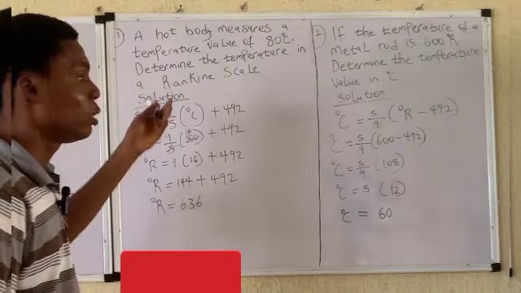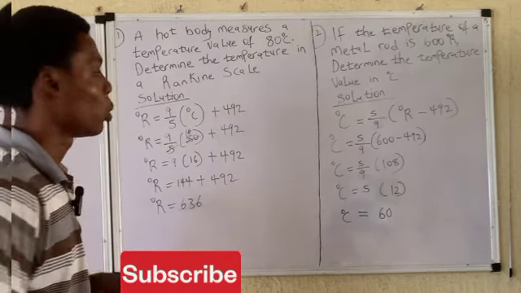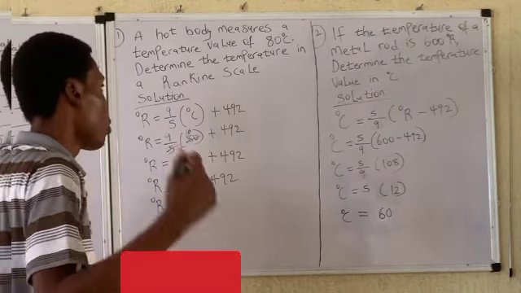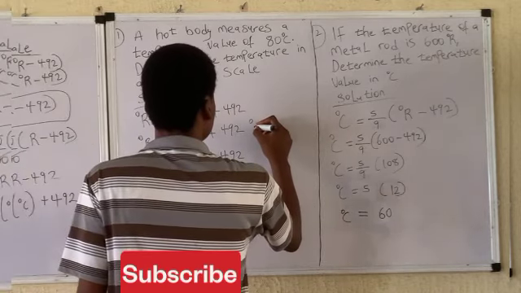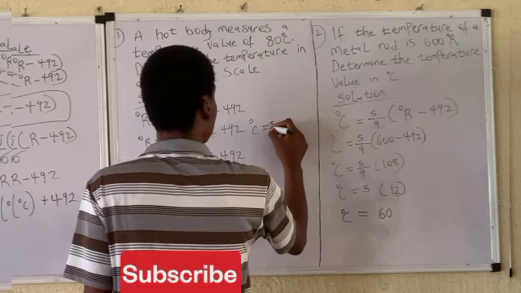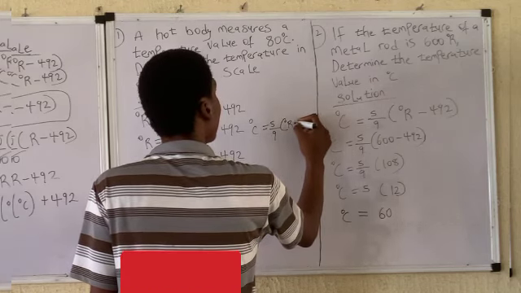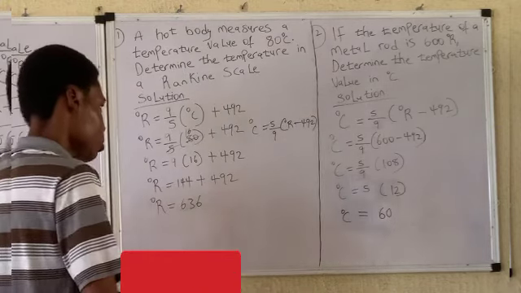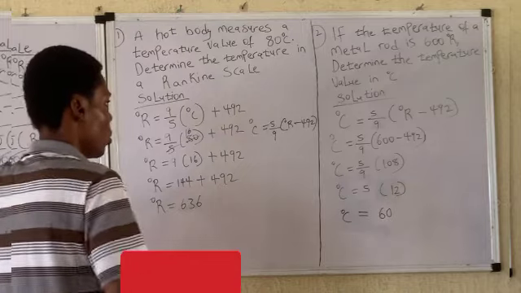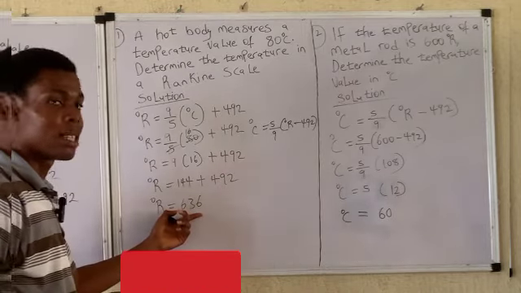Now let's use the same question to convert from our Rankine back to our Celsius. Now we use the formula for converting to Celsius, which is degree Celsius equal to 5/9 in bracket Rankine minus 492. Now, what's our Rankine? Our Rankine is 636.